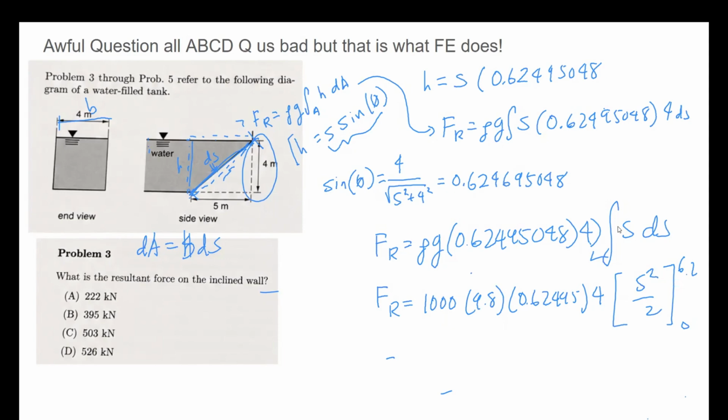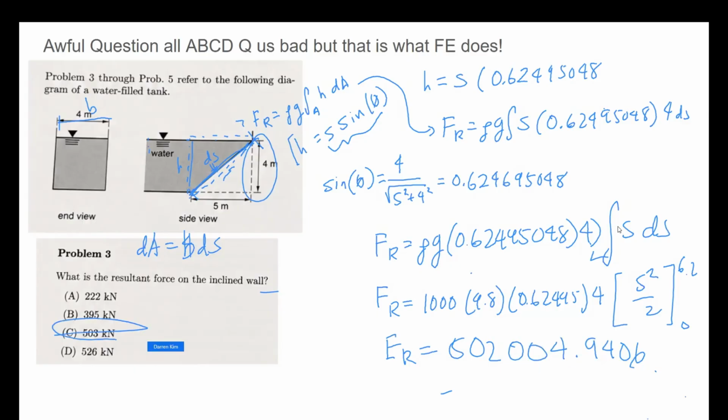So let me put that into my calculator. 1000 multiplied by 9.8, multiplied by whatever it was before, multiplied by 4, and then doing the integral from 0 to the square root of 5 squared plus 4 squared, of x dx. Okay, so I get F_R equals 502,004.9406.